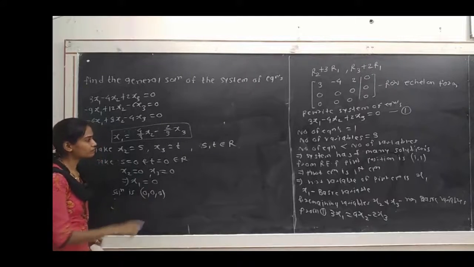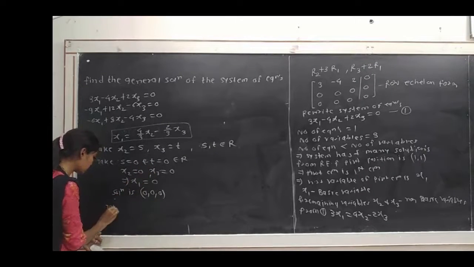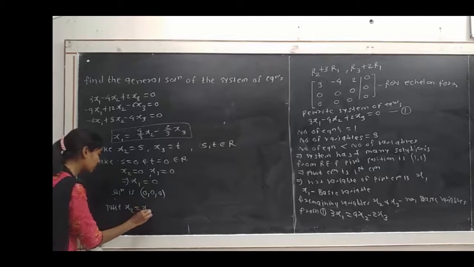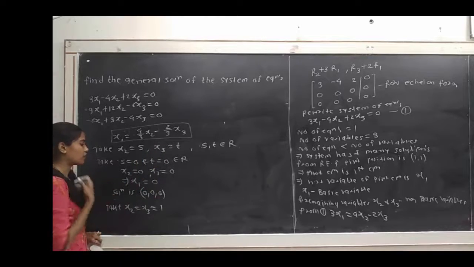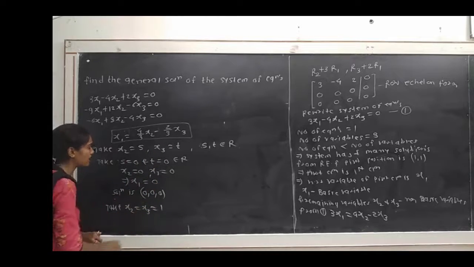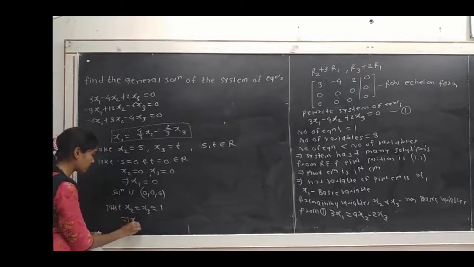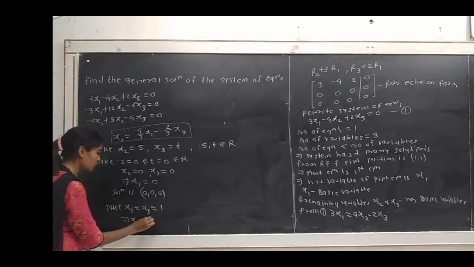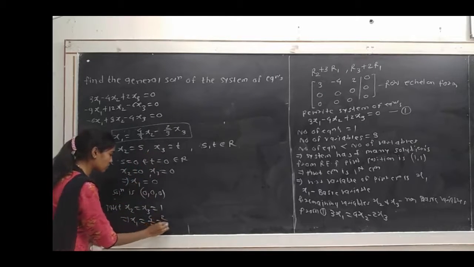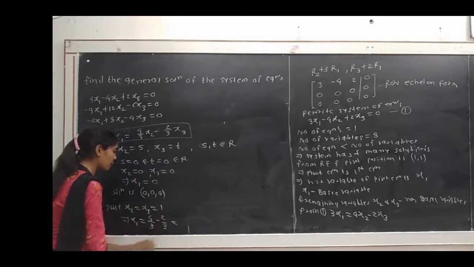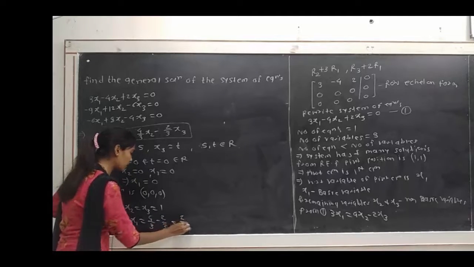Again, if we take x2 is equal to x3 is equal to 1, taking both values as 1 from R, then the value of x1 is equal to 4 divided by 3 minus 2 divided by 3, by putting x2, x3 as 1. 4 minus 2 will be 2 divided by 3.